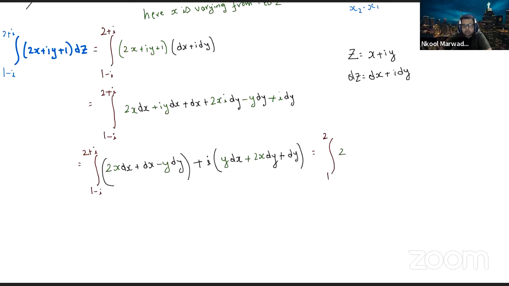So 2x plus 1 minus 2y, the bracket, I will have dx.